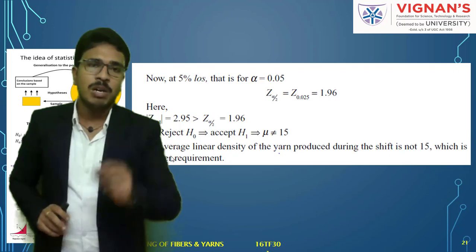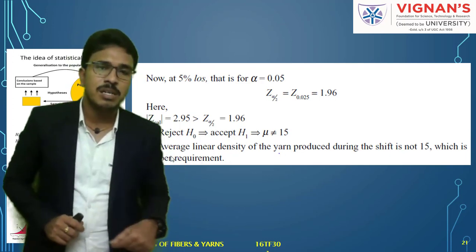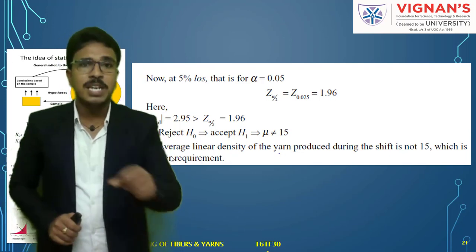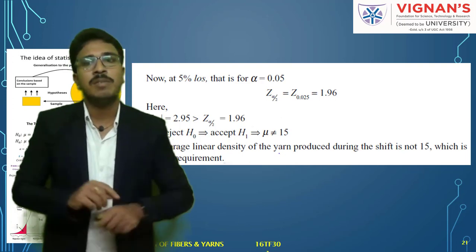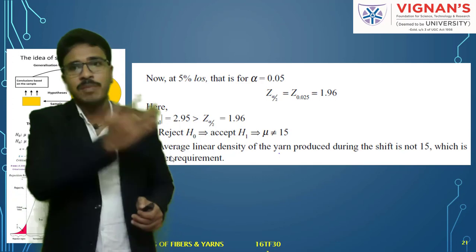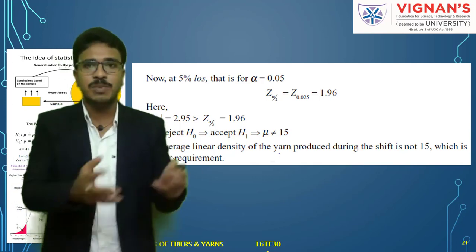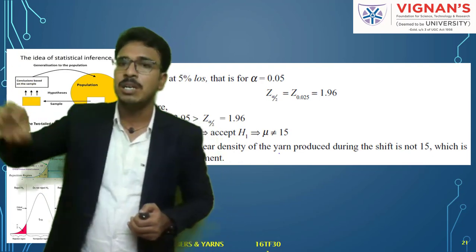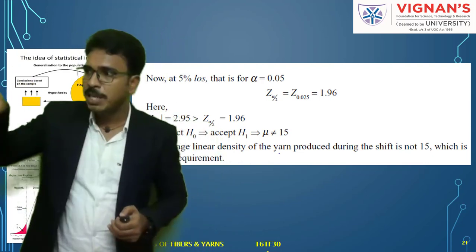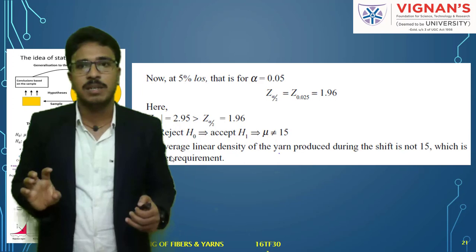So what inference can we draw? The average linear density of yarn produced during the shift is not 15. That is, they have some nominal value about the population, an estimated value of 15.